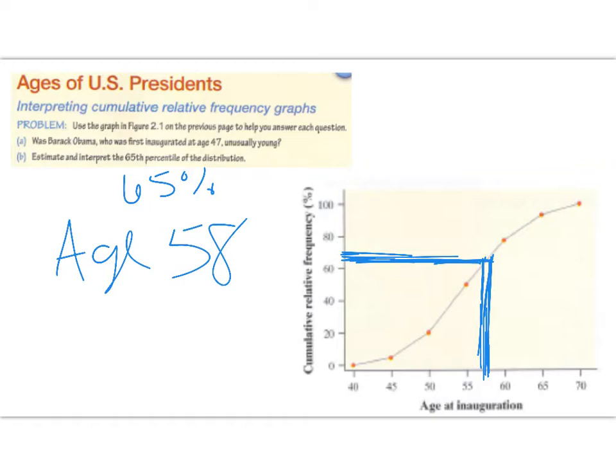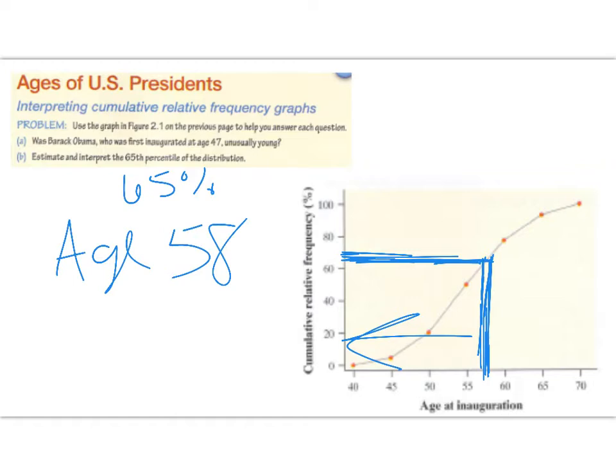So what that tells me is that about 65% of all U.S. presidents were younger than age 58 when they took office. So about 65% of all presidents, because we always go this way, okay? About 65% of all presidents were younger than age 58 when they were inaugurated. You could turn that around and say about 35% of presidents were older than 58 when they took office.